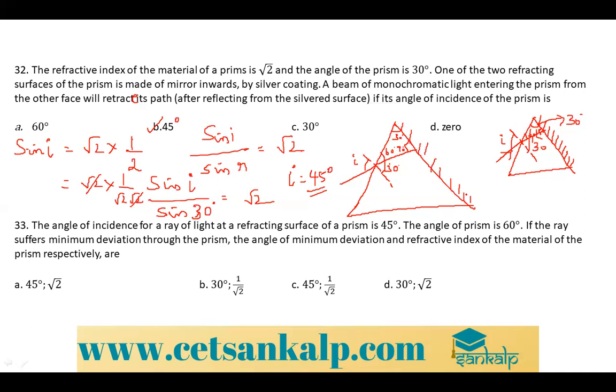Next, look. The angle of incidence for the ray of light at refracting surface of prism is 45 degree. The angle of prism is 60. If the ray suffers minimum deviation through the prism, the angle of minimum deviation and refractive index of the material of the prism is, okay.